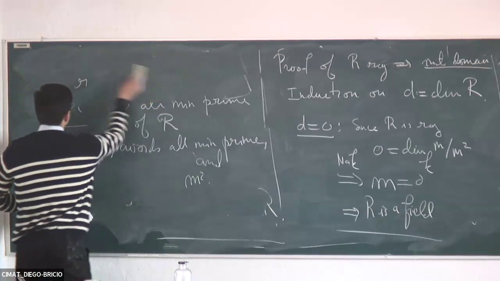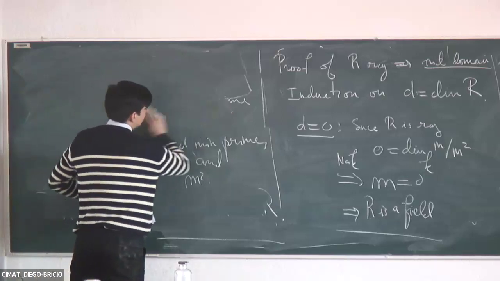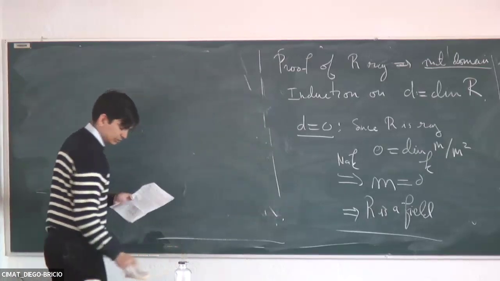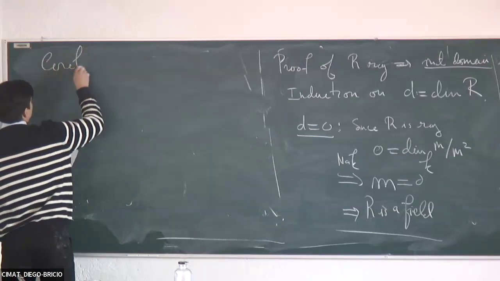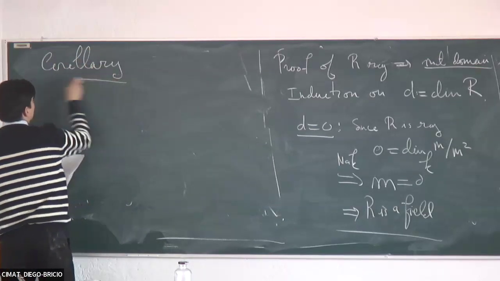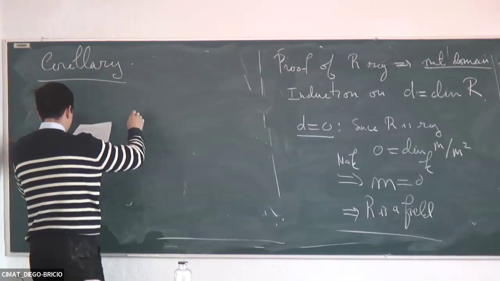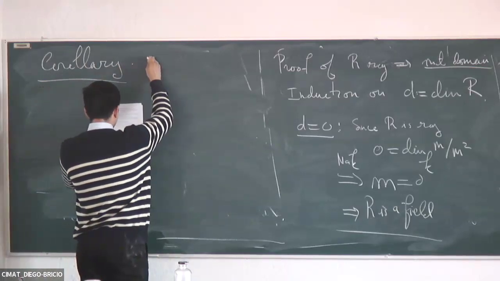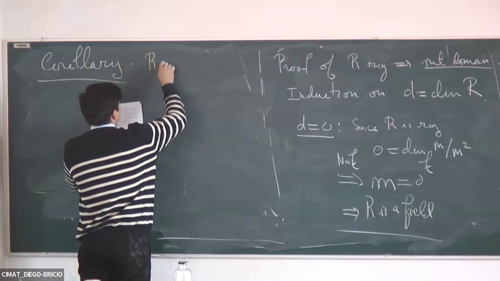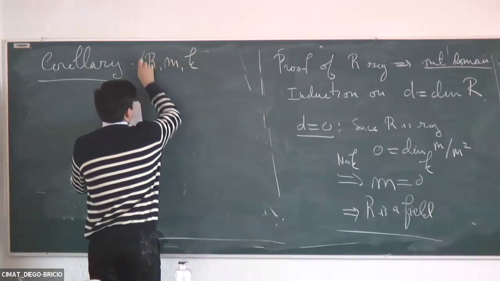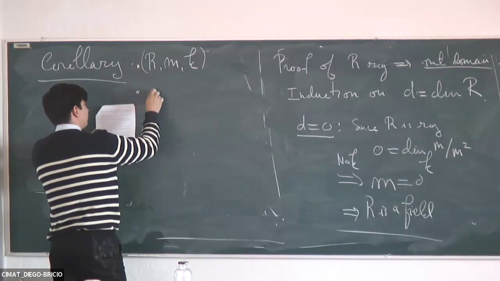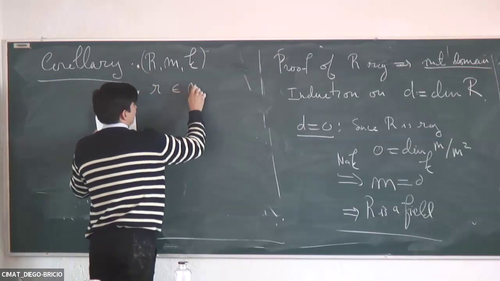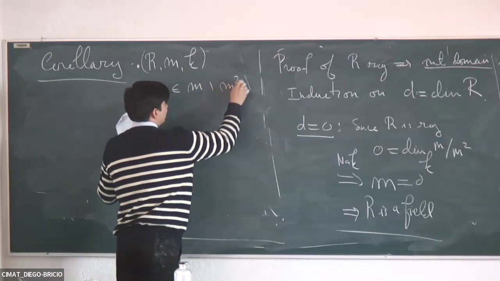Actually, this thing has a corollary, which, well, it's actually very nice. So, corollary: the deformation property of regular rings. Essentially, that's how you express this in fancy terms. So, suppose that you have a local ring, and suppose that you take R in M minus M squared, right?